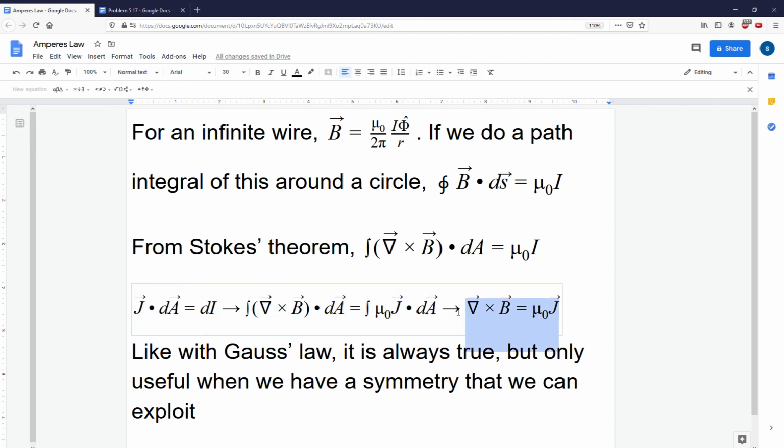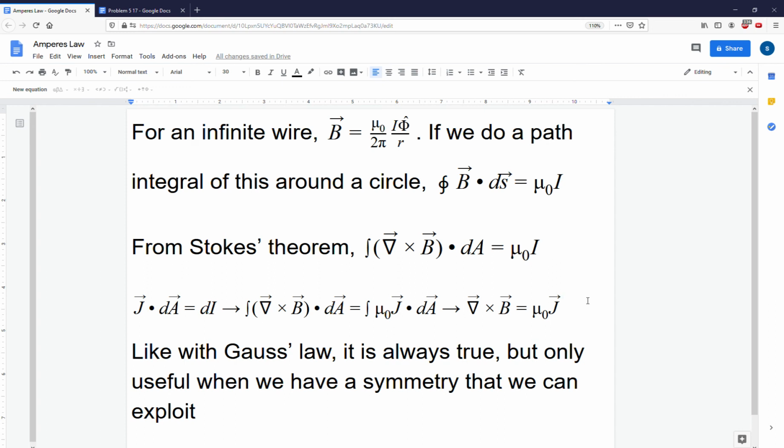Now, you probably have seen Ampere's Law before in Physics 2, but you saw it in this form. This form and this form are the same thing. They are just taking an application of Stokes' theorem. Ampere's law is kind of the magnetic field analogy to Gauss's law.